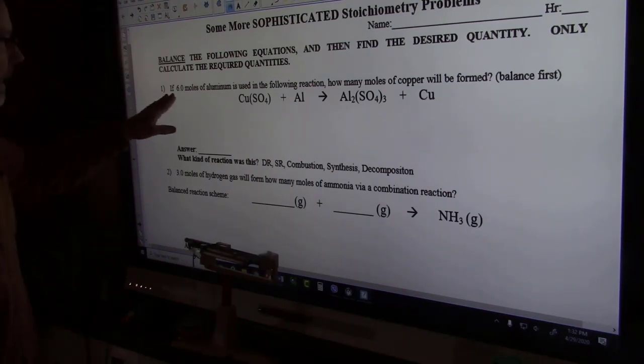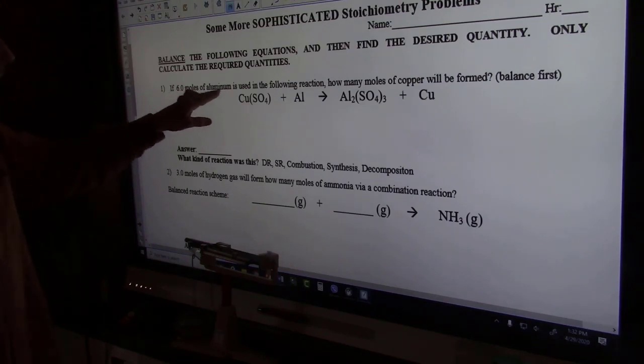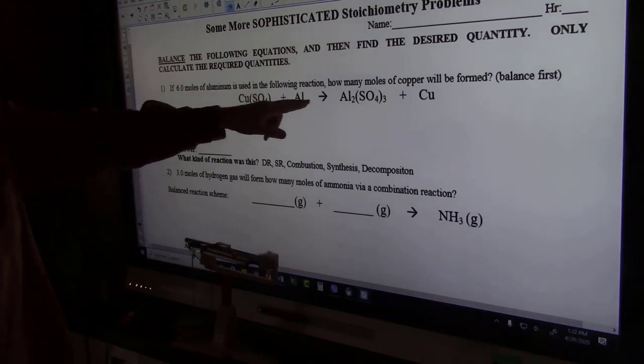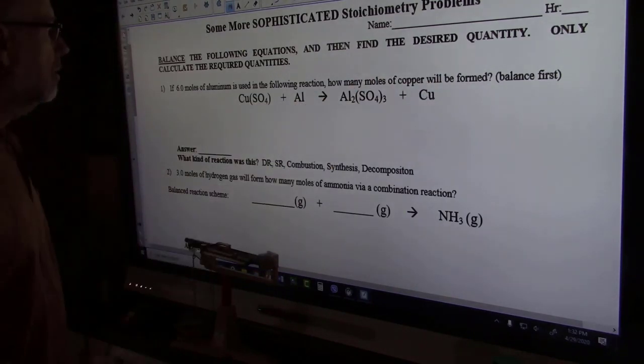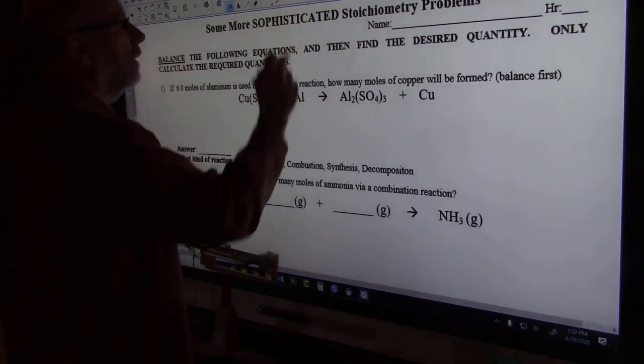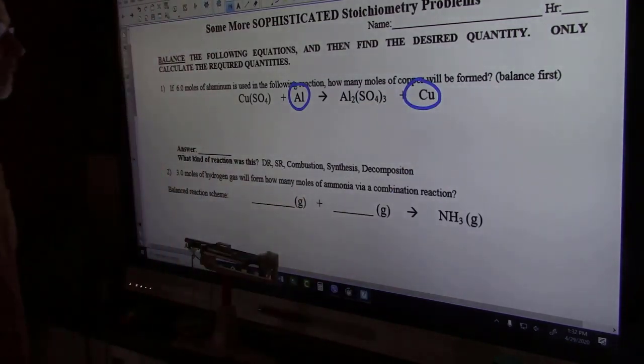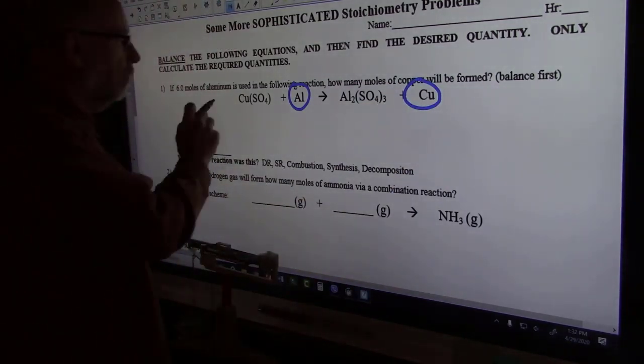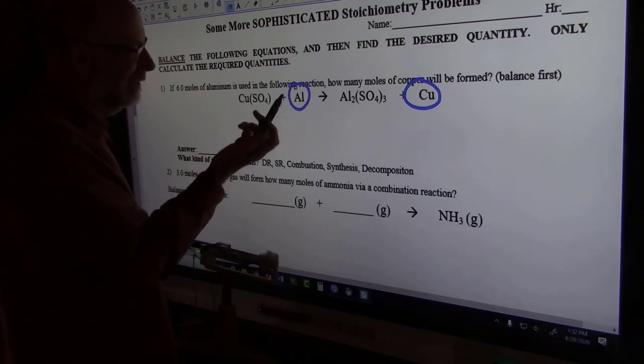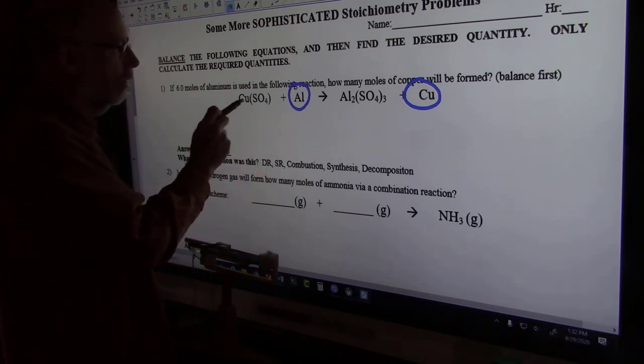It says, if 6.0 moles of aluminum is used in the following reaction, how many moles of copper will be formed? So I'm asking you about this column underneath aluminum and this column underneath copper. The first thing you have to do is get the proper skeleton equation. This is done for you. This is copper 2 sulfate.